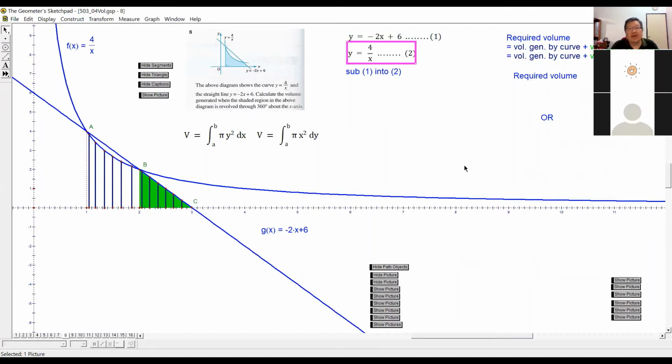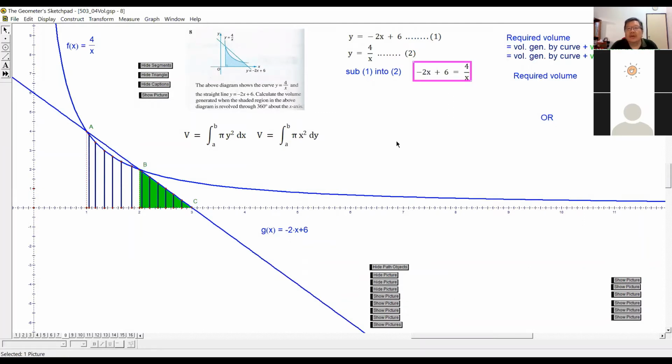Next one is the equation of the curve. Equation of the curve is y equals 4 over x. So I have to solve equation 1 and equation 2 to find the 2 points A and B, the points of intersection between the straight line and the curve.